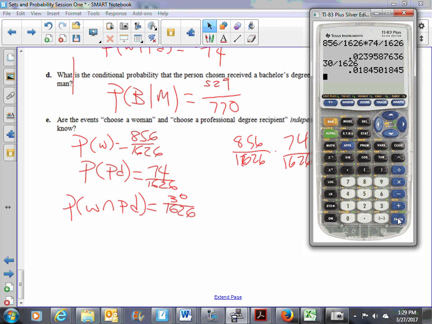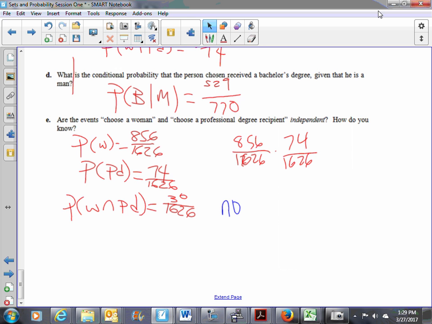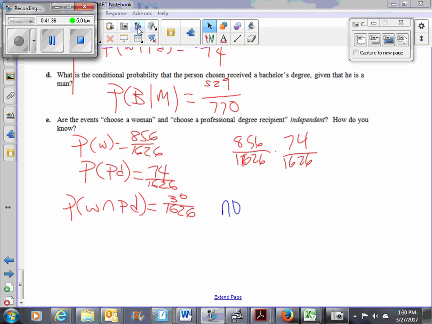So the answer again is no, since the product of their probabilities is not equal to the probability of their intersection. Those are not independent events. Okay, and we're done.